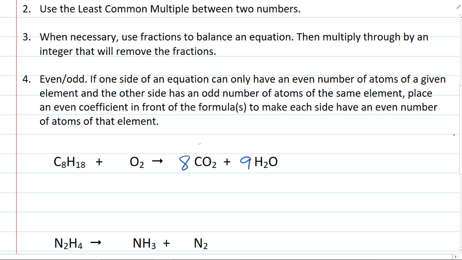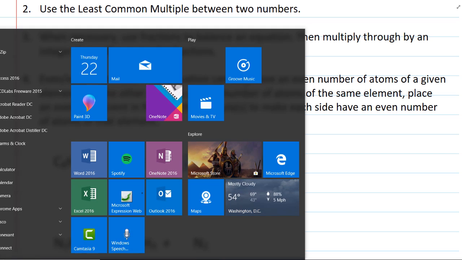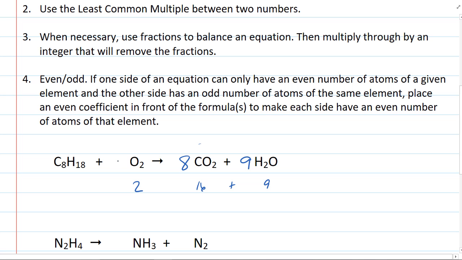How many oxygens do we have here on the left? 2. How many do we have on the right? 25. We have 16 here plus 9 here. On this side we have 2. That means we should be able to put some coefficient in front of this in order to balance this chemical equation. If this was an algebra class, we wouldn't call it a question mark, we would call it x.